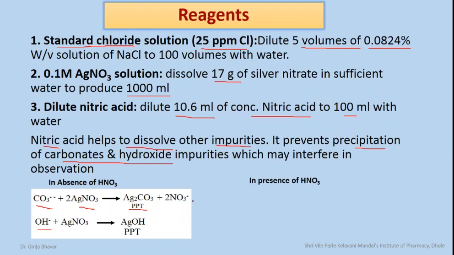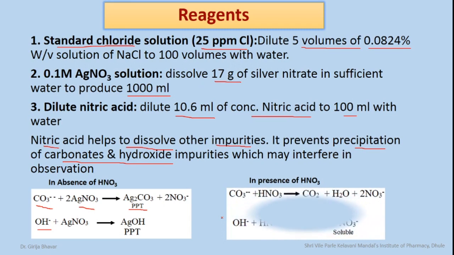But if nitric acid is used in the test, then carbonate or hydroxide impurities cannot form a precipitate; they are converted into soluble components and cannot interfere in the observation. For that purpose nitric acid is used.